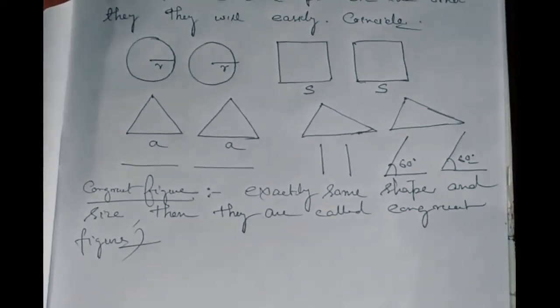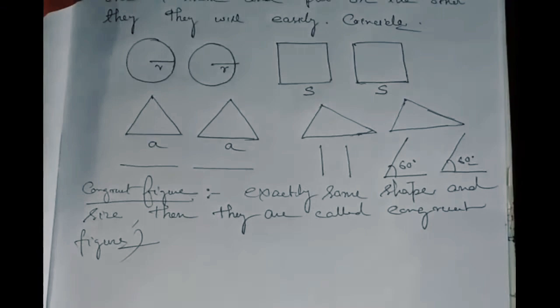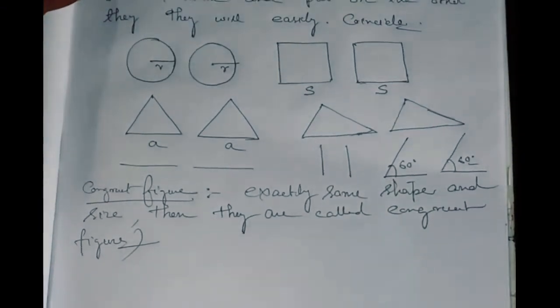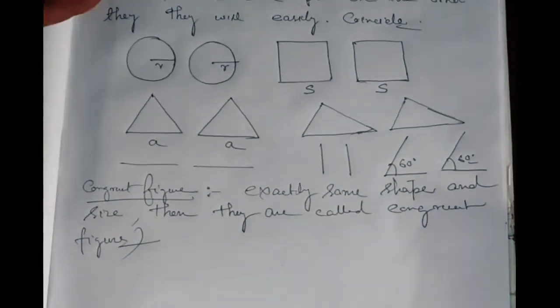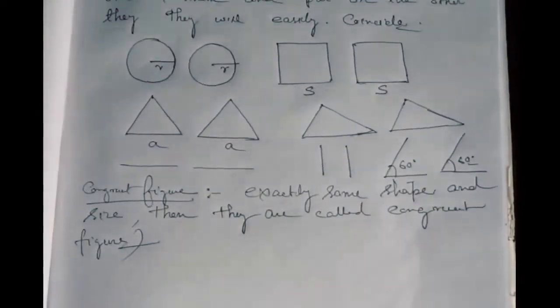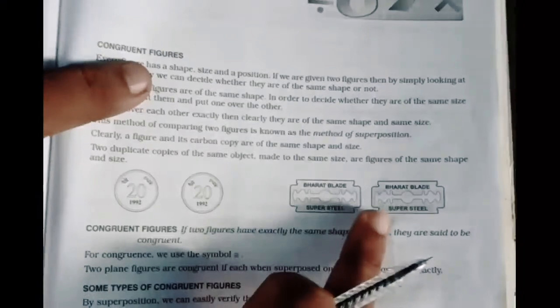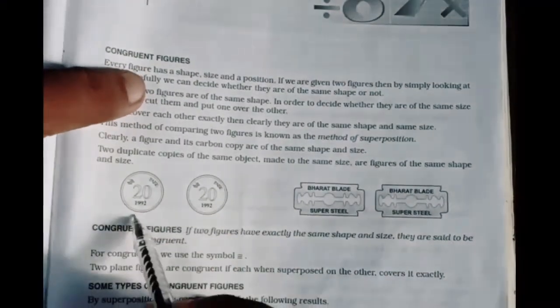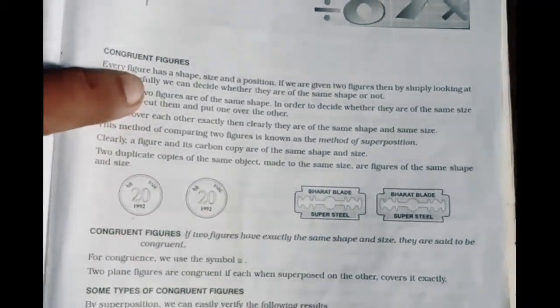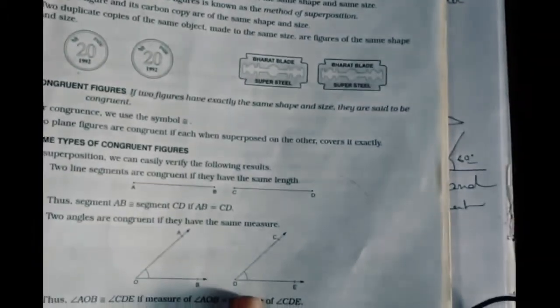Now some types of congruent figures are already given in the book. I have already drawn them. It is given in the book. Hope you are able to see it. These are the congruent figures. This is the congruent blade, congruent coin, or this is congruent angle, congruent lines.